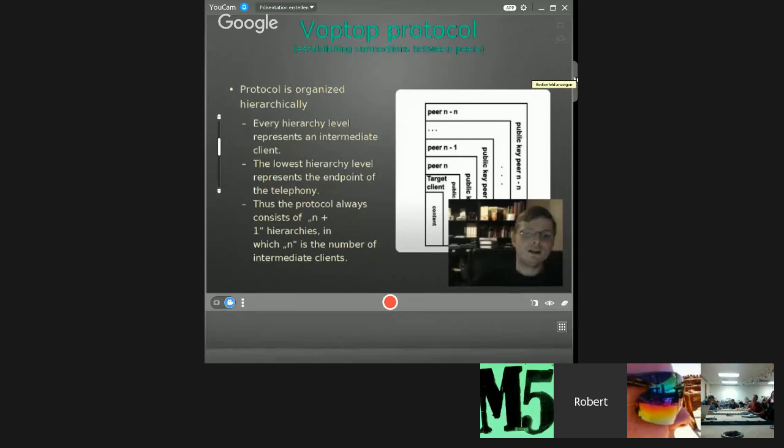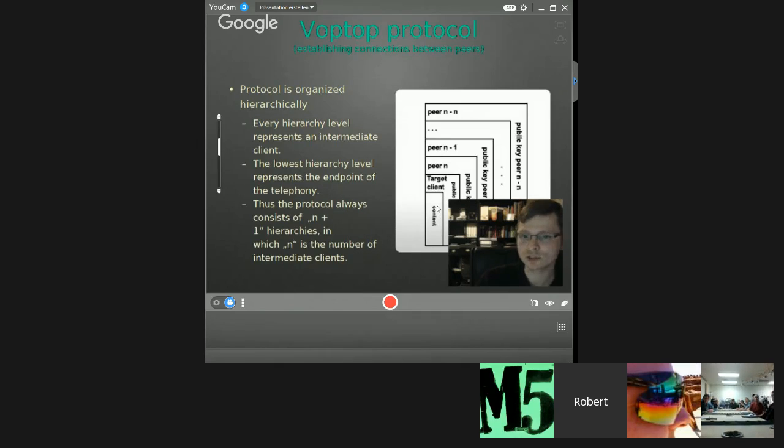So, to achieve it, Voptop uses a hierarchical protocol. Every hierarchy level represents a peer between the communication participants, and it covers in the last layer the content for the payload of the protocol.